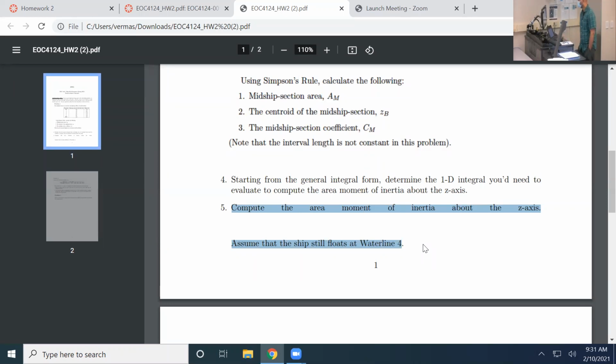I'm trying to think of this in terms of x and y because they're only using two axes. We're not worrying about the x-axis shift, but worrying about y, z. So I'm thinking it's the same as Iy, right? That would be the double integral of y squared dz dy.